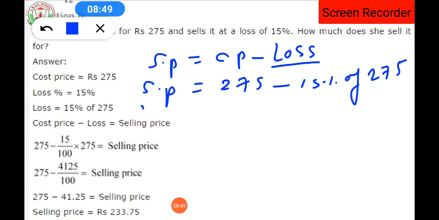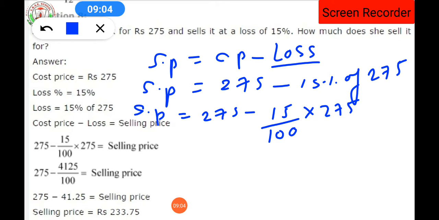Clear? So here we can see that SP is equal to 275 minus 15%. So 15 into 1 upon 100, so it can be written as 15 upon 100 of 275. Of means into. 275. Okay. Now here you can see that SP is equal to 275.